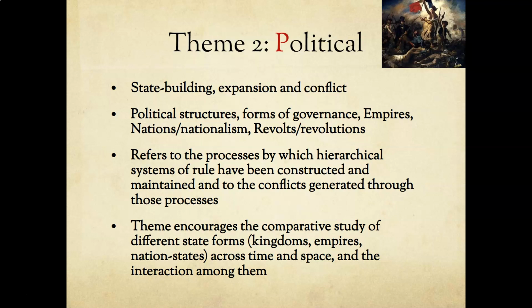Think of the French Revolution or the American Revolution or the expansion of the British Empire. This theme is really important because you can use it to compare different states in different forms. You can look at kingdoms versus empires or nation states across various times. So this is a wide-ranging theme as well that can cover many different topics.